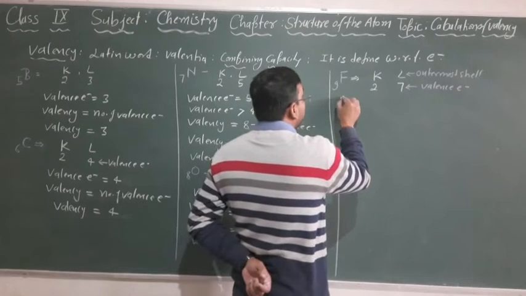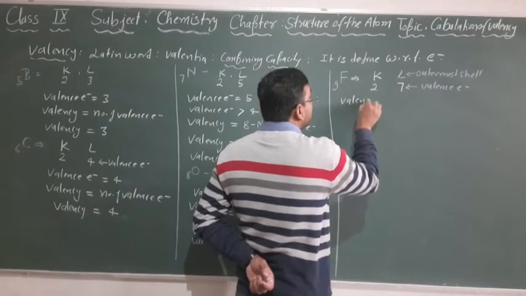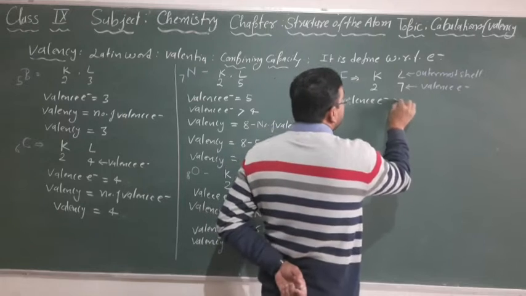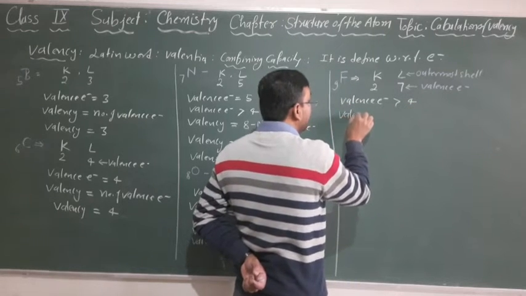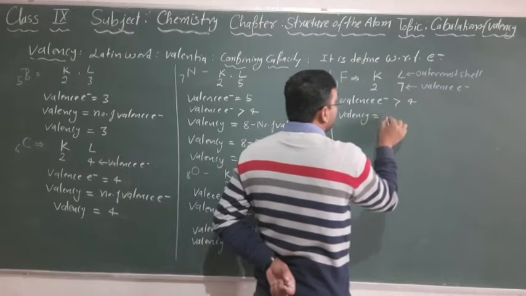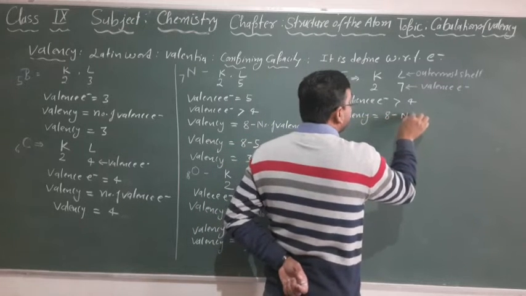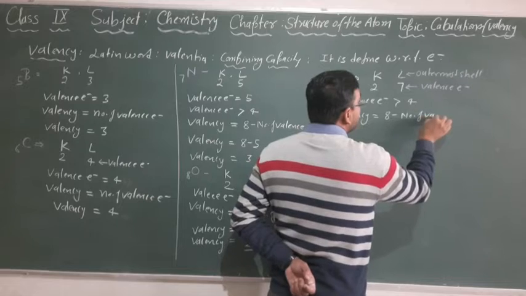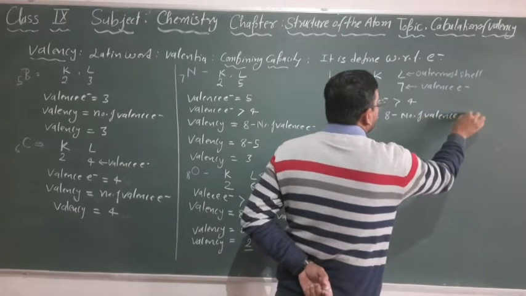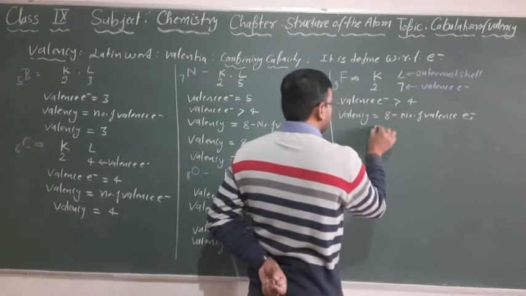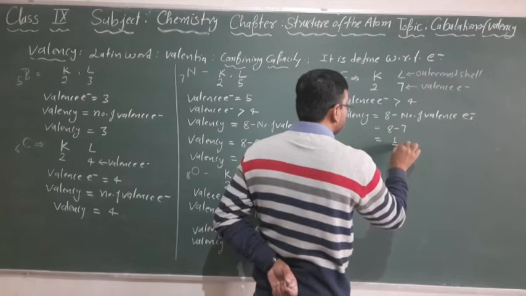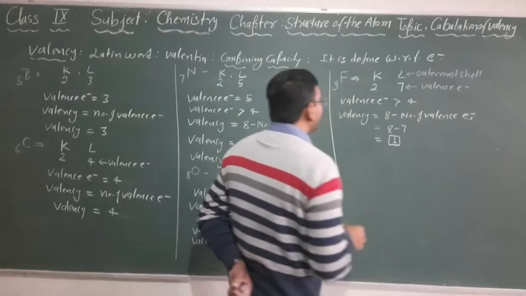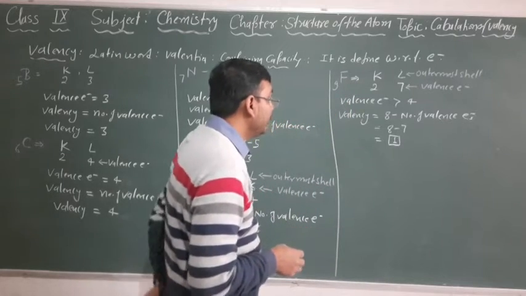Since valence electrons are greater than 4, we apply the formula: valency is equal to 8 minus the number of valence electrons. So 8 minus 7, then we get the valency 1. The valency of fluorine we have calculated is 1.